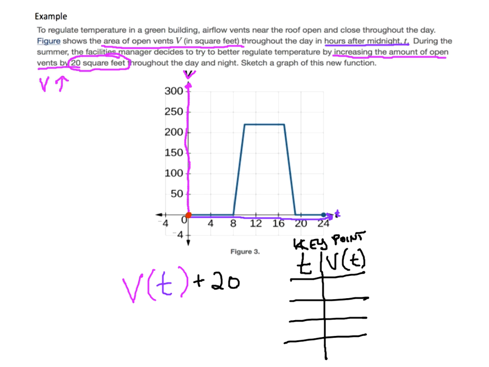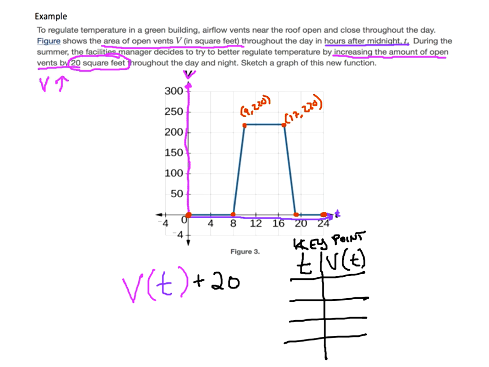So I'm going to choose 0, 0, and 8, 0. This looks like it's about 9, maybe 10. We'll say that's 9, and the output looks like it's about 220. This looks like about 17, 220. So 9, 220, and we'll call this 17, 220.